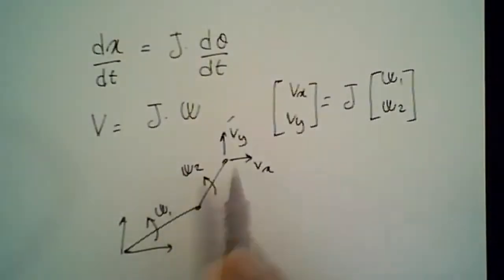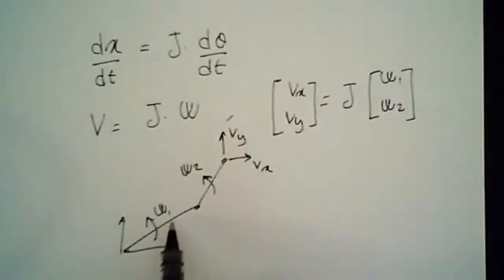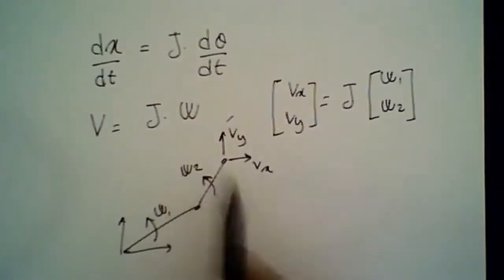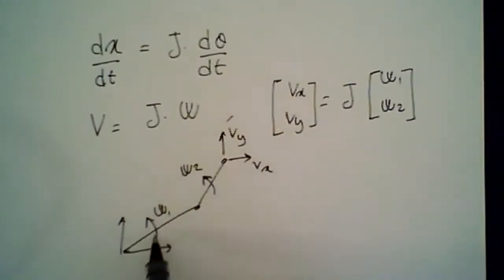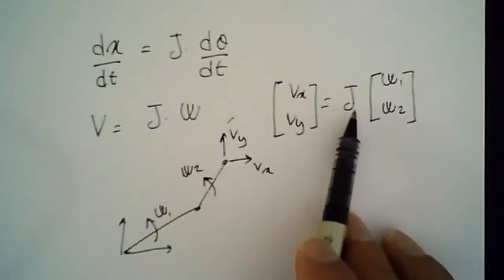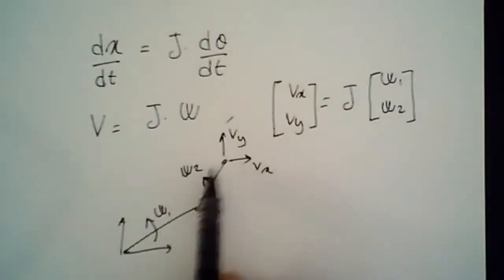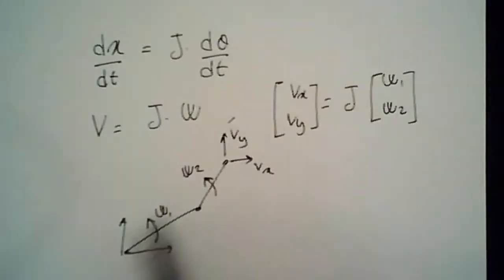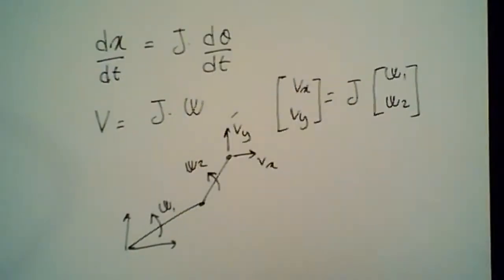Remember, omega 2 is not absolute, right? Omega 2 is only relative to omega 1. If you want to get the net velocity of this link, like the angular rotation of this link, you have to sum omega 1 and omega 2. So this is a very important relationship that the Jacobian establishes between the Cartesian velocities of the end effector and the rotational velocities of the various joints along the robot.